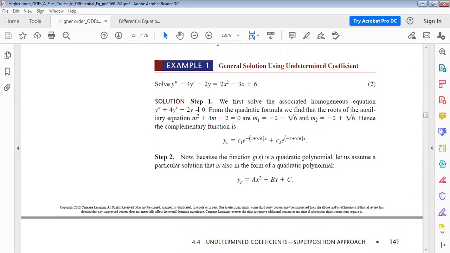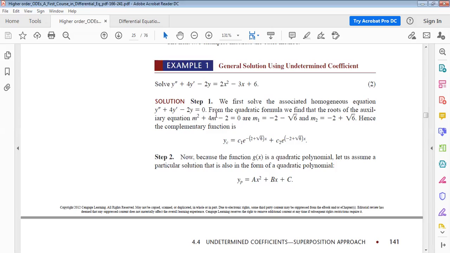You can solve this homogeneous form by the constant coefficient method, and find the complementary function. From the quadratic formula, we find the roots of the auxiliary equation. If e to the power mx is the trial solution, then the auxiliary equation is m square plus 4m minus 2 equals 0.